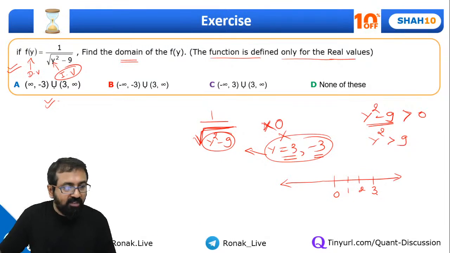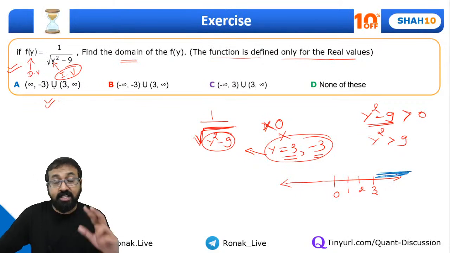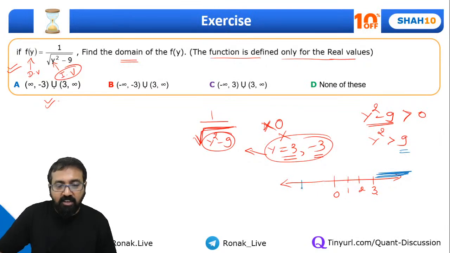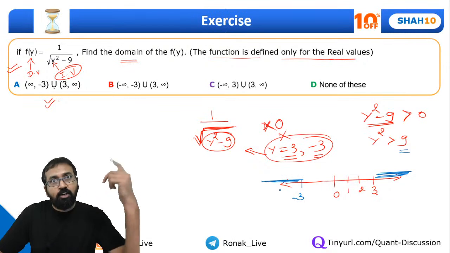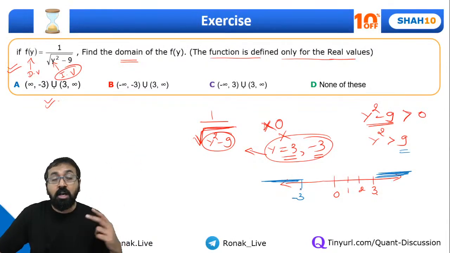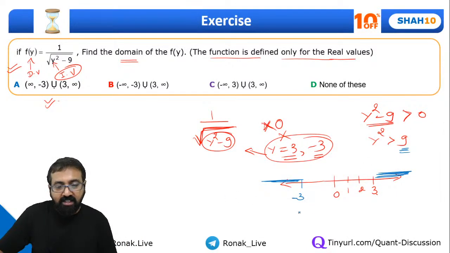Can I say, if I take values of y greater than 3, then the square of that will always be greater than 9. That's one thing. Same way, if I take values of y less than minus 3, the square of any value less than minus 3, that is minus 3.1, minus 4, minus 5 and so on, will again be greater than 9. So that's how I came to know that y should be greater than 3 and y should be less than minus 3.